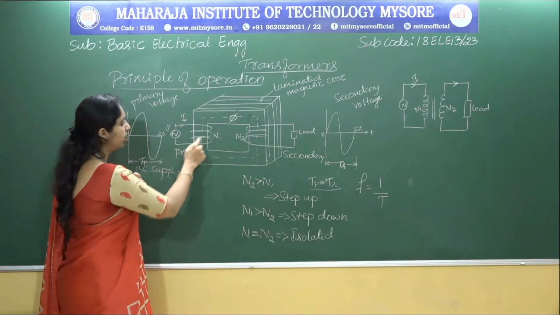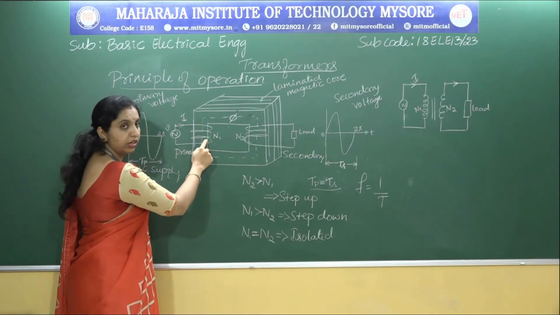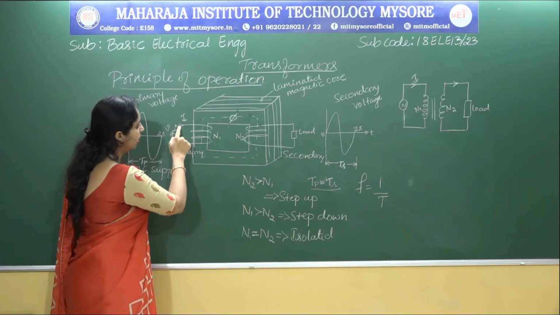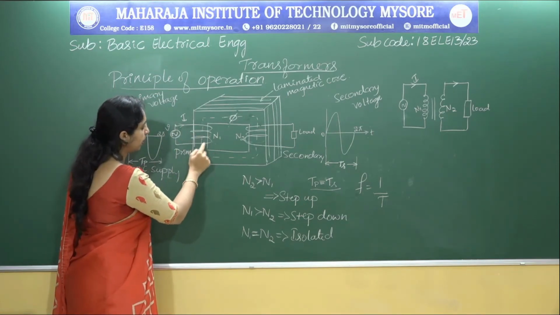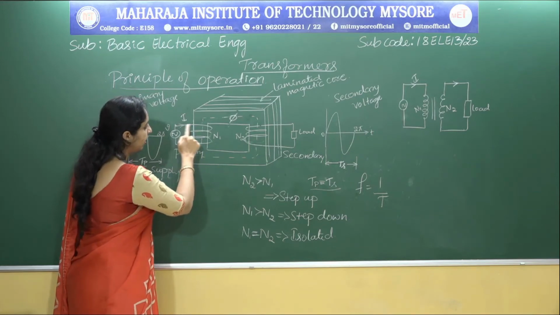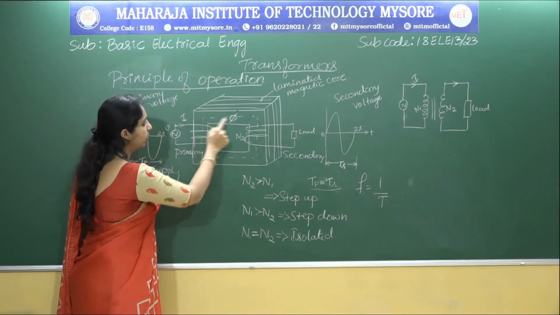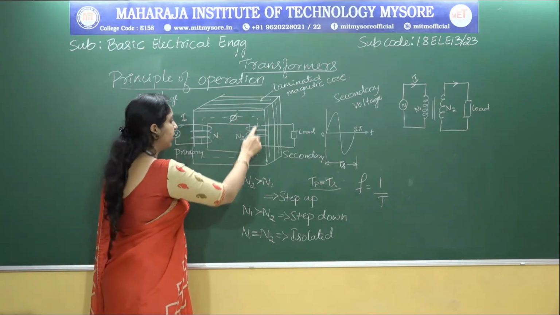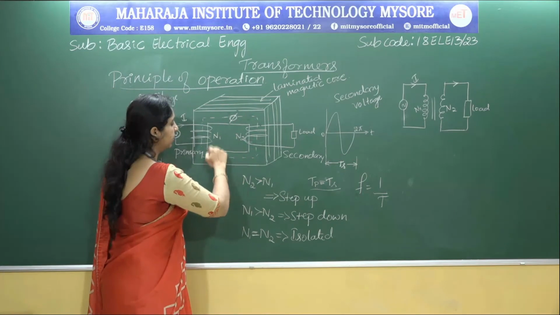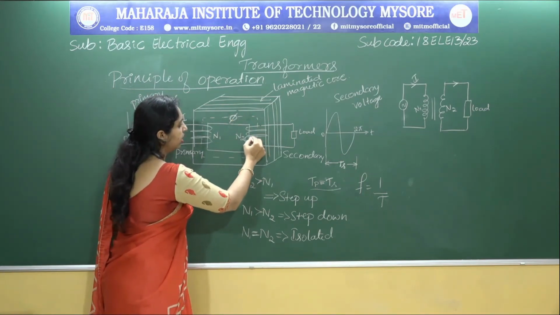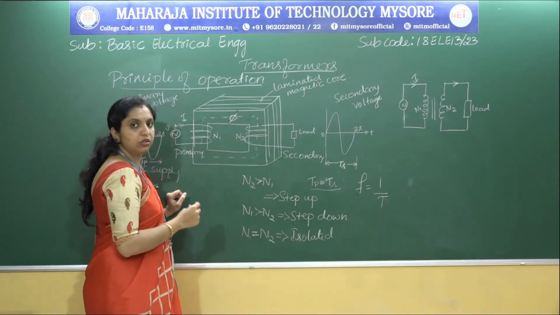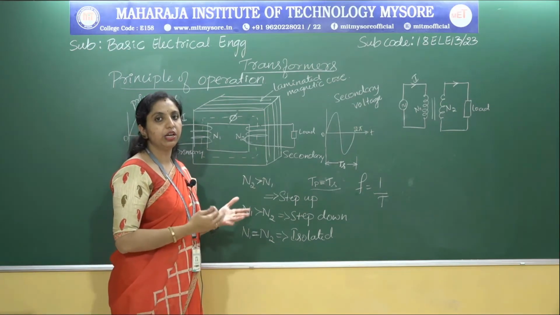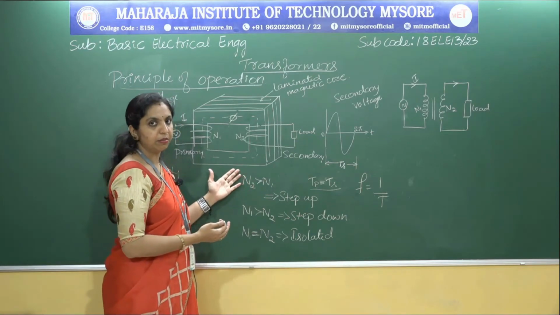Remember, initially the primary winding gets excited by a voltage source, and because of this, alternating current flows through the primary winding. Since the alternating current flows through the winding, you can find the magnetic flux. When the magnetic flux completes the path and links to the secondary winding, according to Faraday's law, mutually induced EMF gets developed.